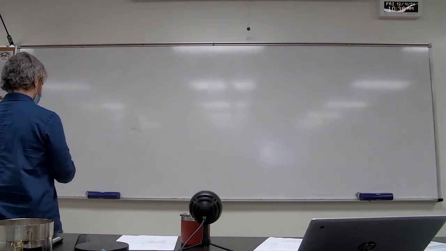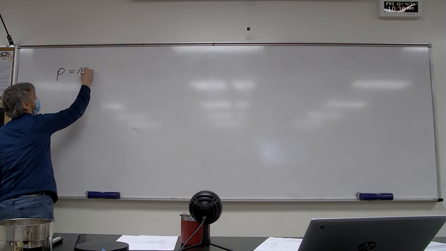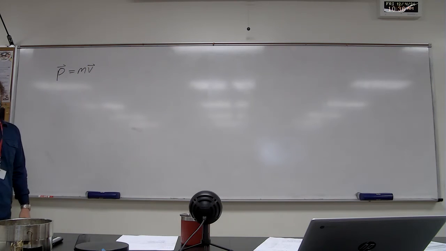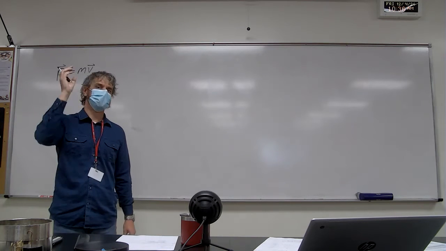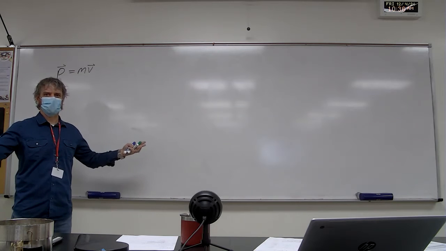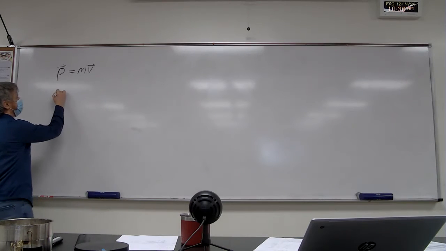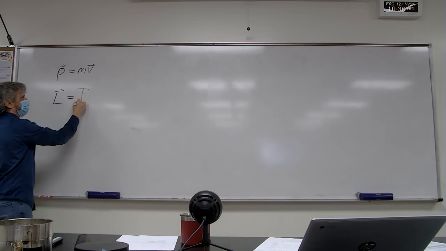And it turns out that just like linear momentum, mass times velocity, yes, angular momentum is the cross product of r, the position of a particle, and its linear momentum. But if I have an extended object that is undergoing actual rotation, then the angular momentum is equal to, what do you think? Rotational inertia times angular.